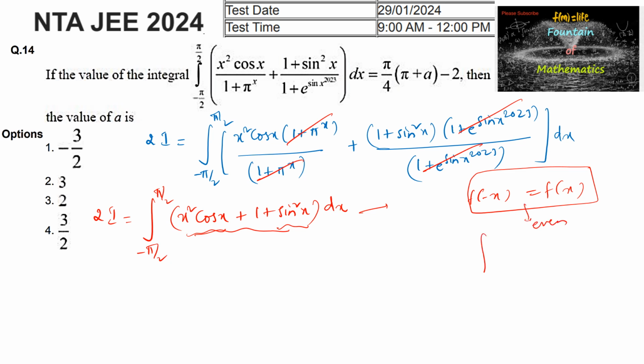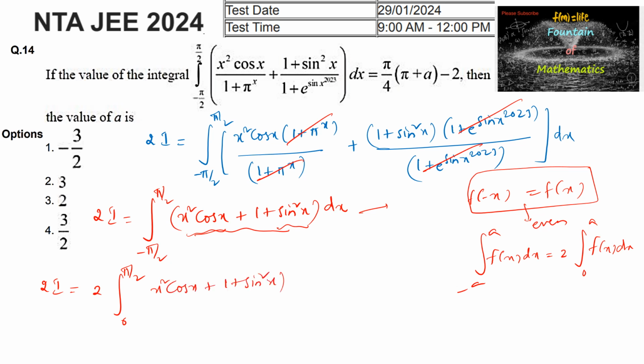So by using the property integral minus a to a f of x dx, we can write 2 times integral 0 to a f of x dx. So 2I is equal to 2 times the integral 0 to pi by 2 of x square cos x plus 1 plus sine square x dx.